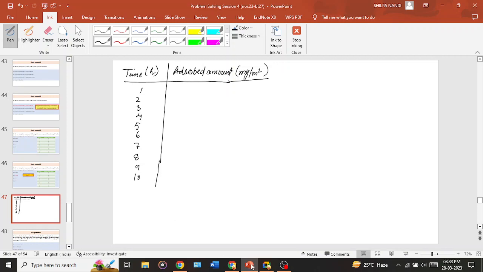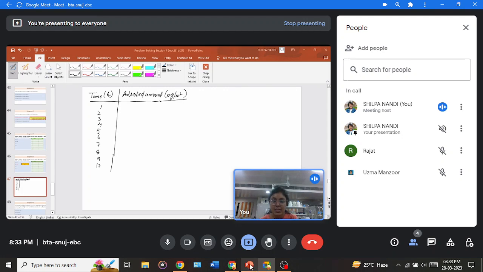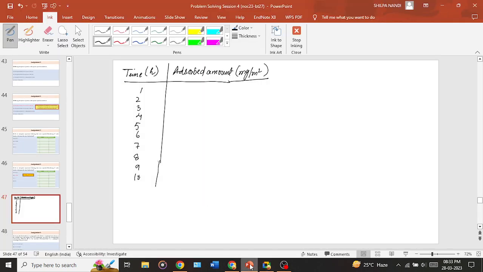I think it is visible at your end, right? Sometimes it may lag behind, so don't worry. At 4 hour it is 15, then 20, then 22. At 6 hour it is 24, at 7th hour it is 28, at 8 hour it is 30, and at 9 and 10 both it is 31.